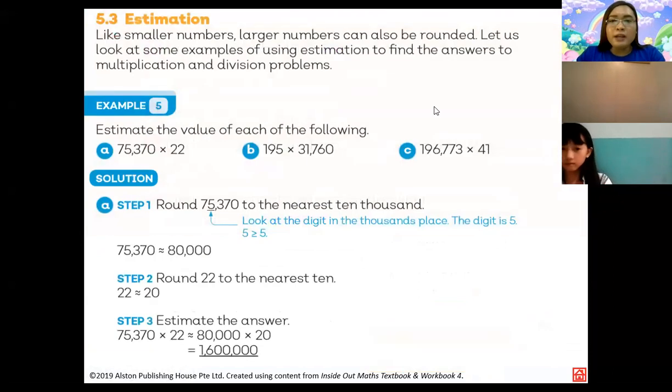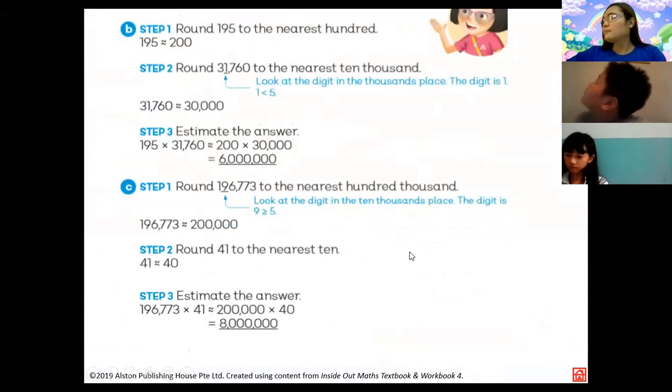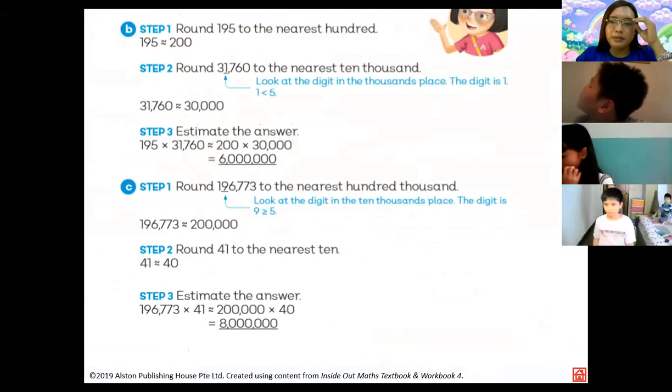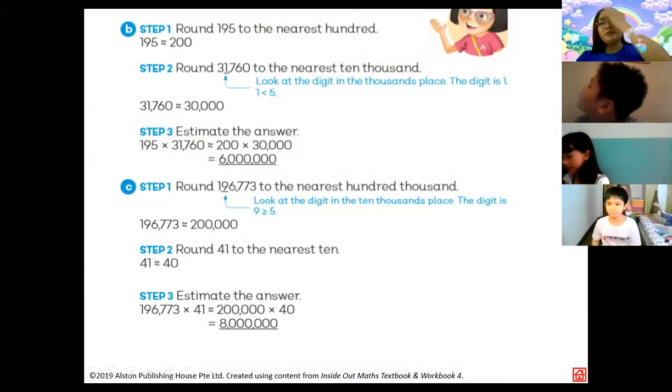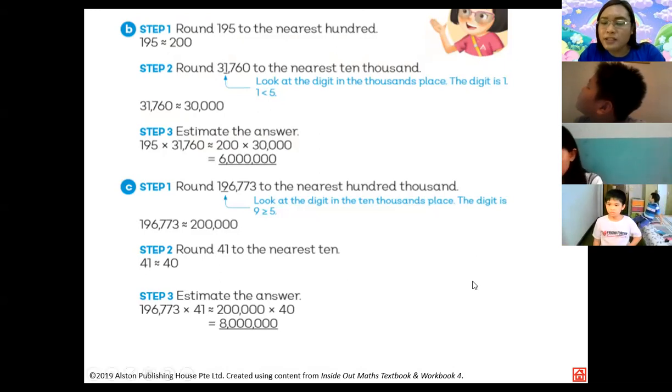Everybody open your book on this page, chapter 5, estimation.